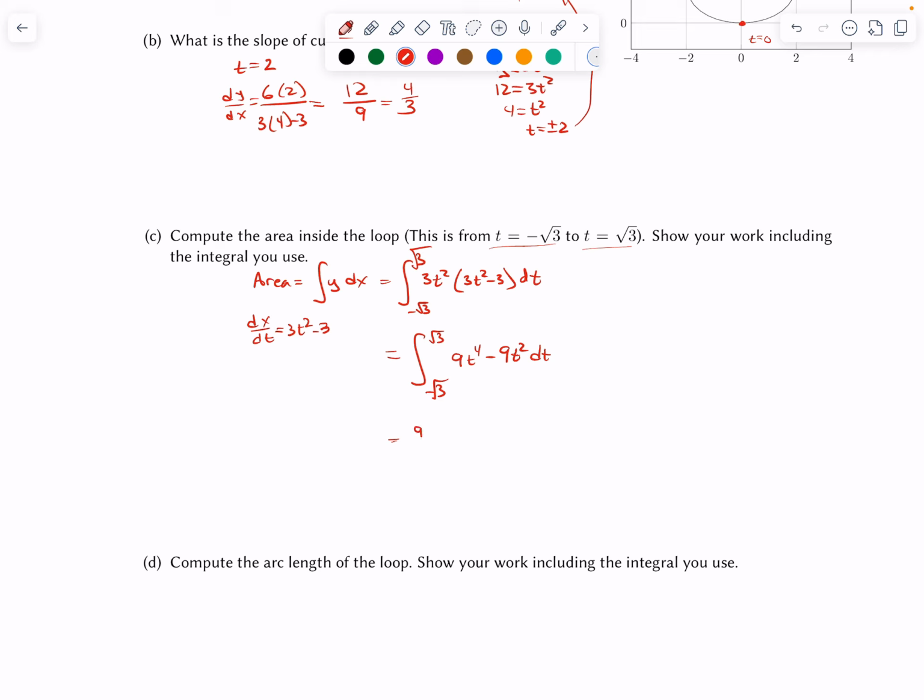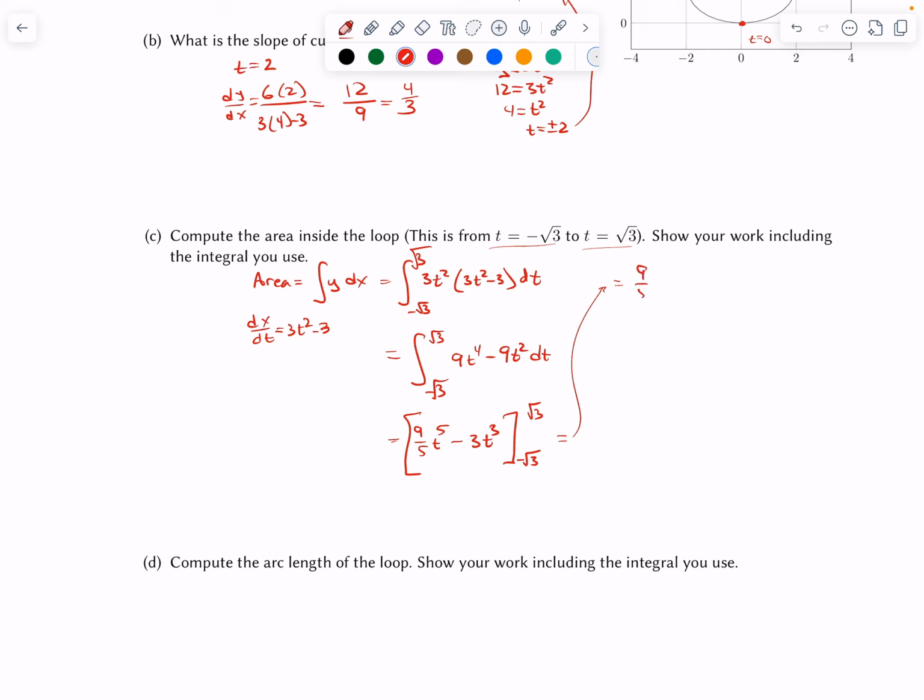So 9/5 t to the 5th minus 9/3, which is just 3t cubed. And the trick with the integrals of an even function is that, I'll write it out.